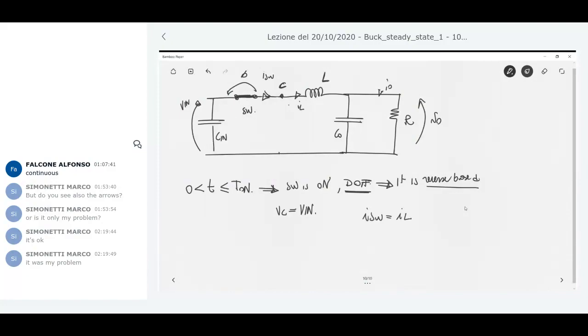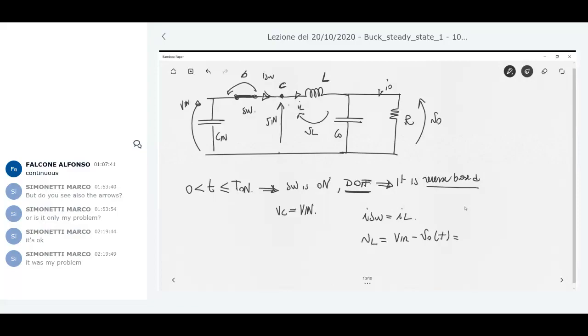The voltage across the inductor: here you have V in, as I just discussed, and the voltage here is V naught. So VL is V in minus V naught.